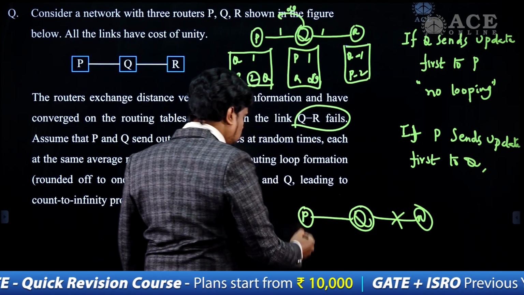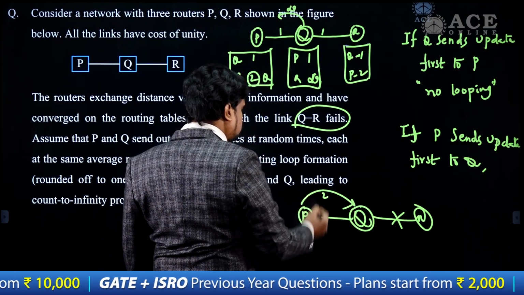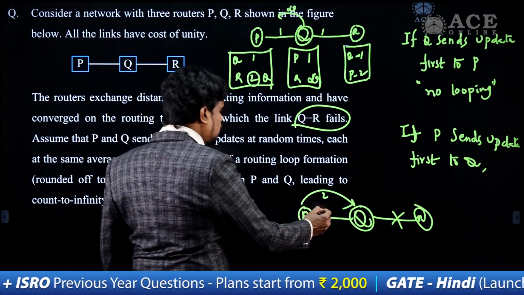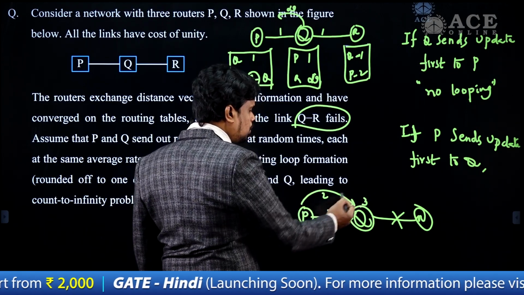This is failed. Now this P is sending, I have a cost about R as 2, and whenever Q receives this, then this Q saved it as 3, right?